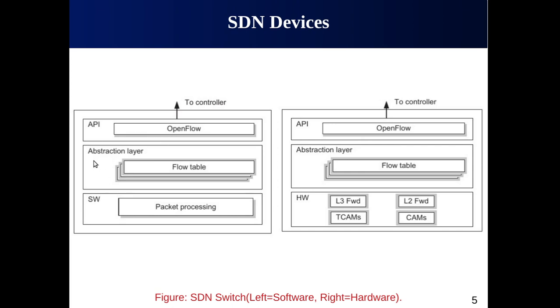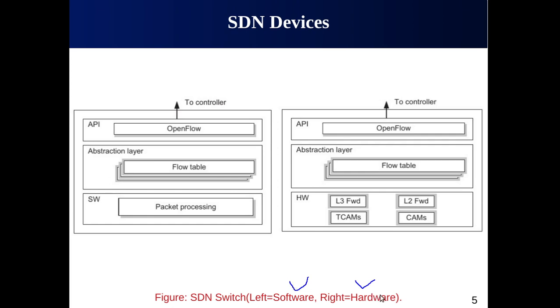We also have an abstraction layer, and also a packet processing function. Here we have a packet processing function. Here we are going to consider two types of devices, software and hardware. Software is like virtualization and hardware is the actual device.